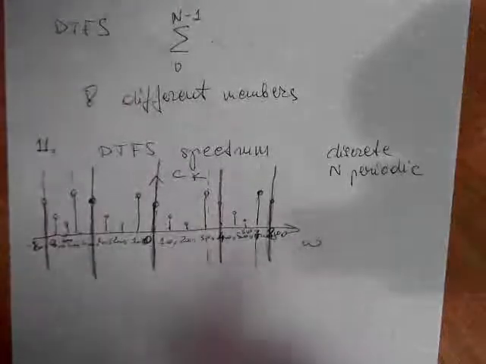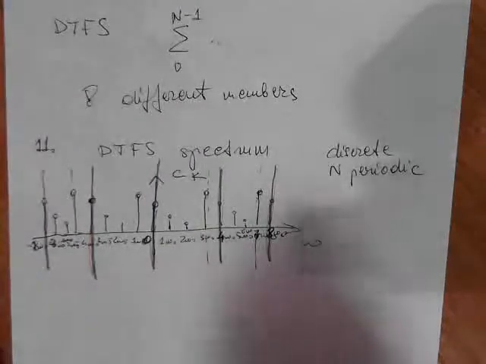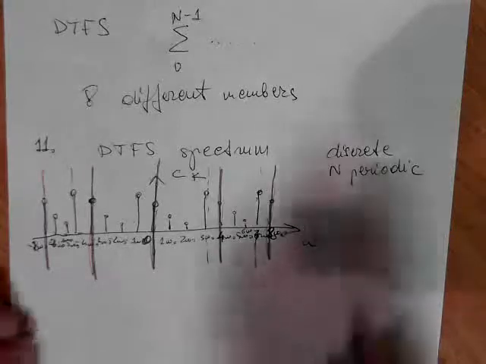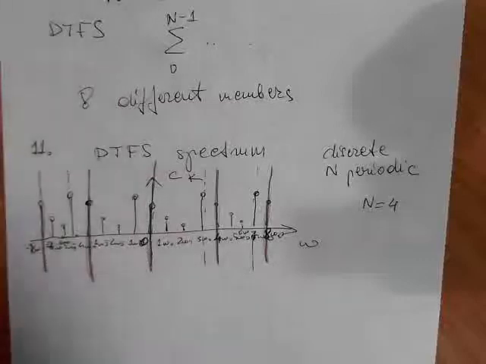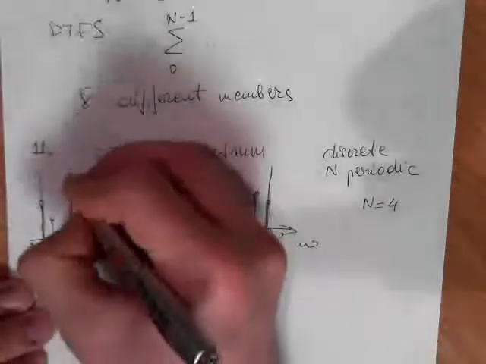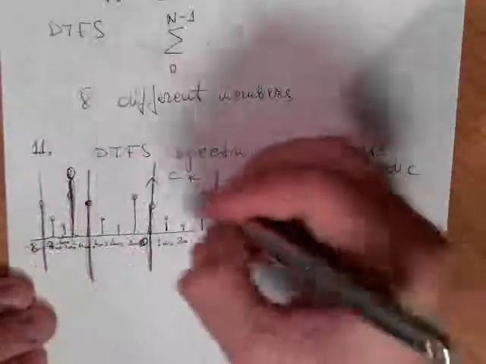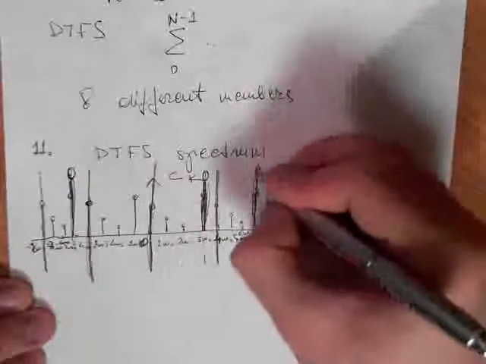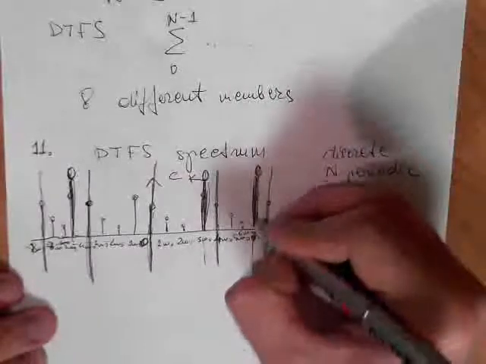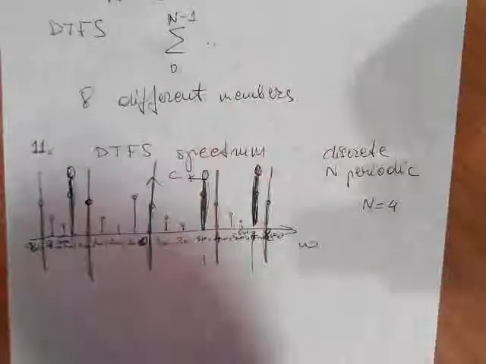So this is a representation of a discrete time signal, and the N here is 4, so it is an N periodic spectrum. Maybe this is a bit complex, so let's increase this value and remove these dashes.